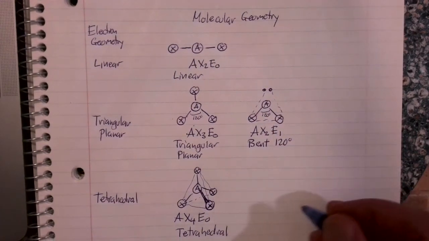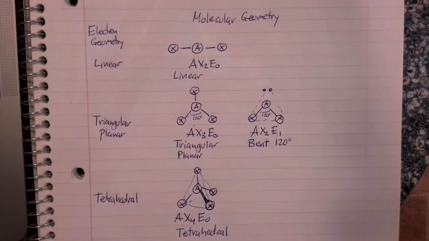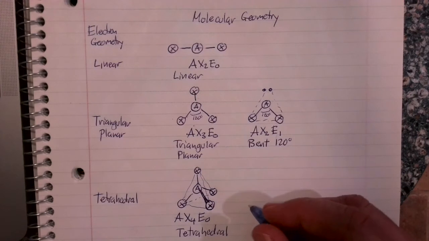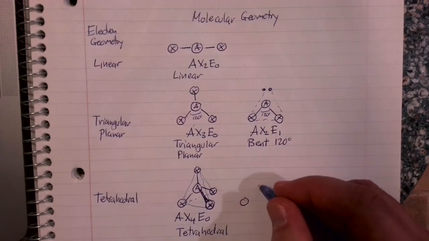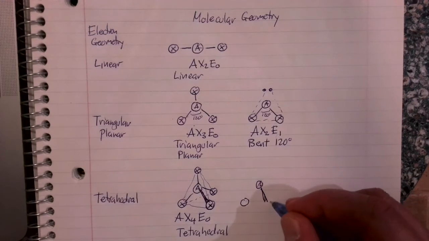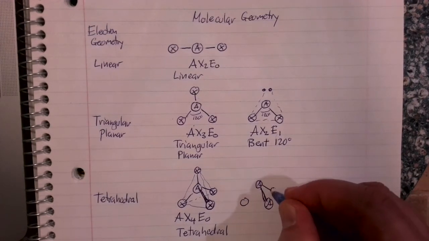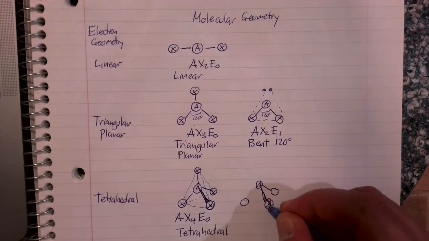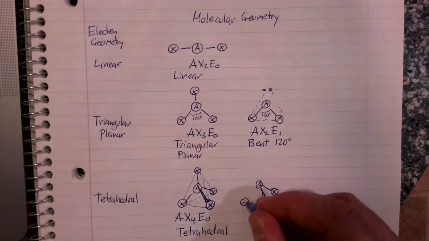Well, I have two more for this because here I can only substitute one pair of electrons before I get down to two atoms. So for the tetrahedral arrangement, I can simply lop off a vertex, and I'll keep my central atom A, and I'll keep my side atoms here, X and X, right?